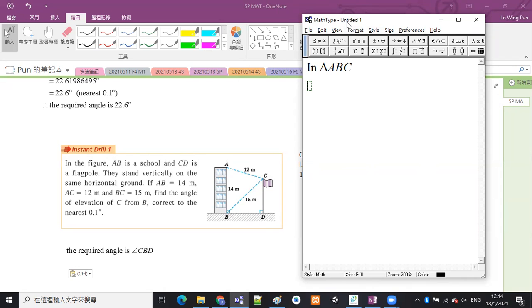So in triangle ABC, I need to calculate an angle. So we are going to use cosine formula.